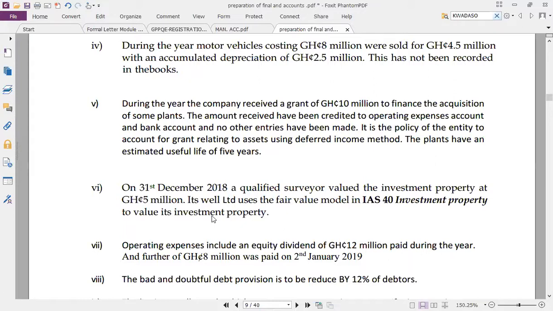It is the policy of the entity to account for grants relating to assets using the deferred income method. The plants have an estimated useful life of 5 years. So basically, we have to defer the grant of 10 million over the 5 years useful life. That would be the requirements.